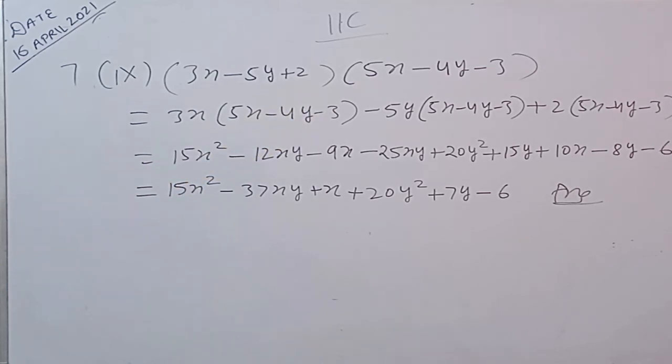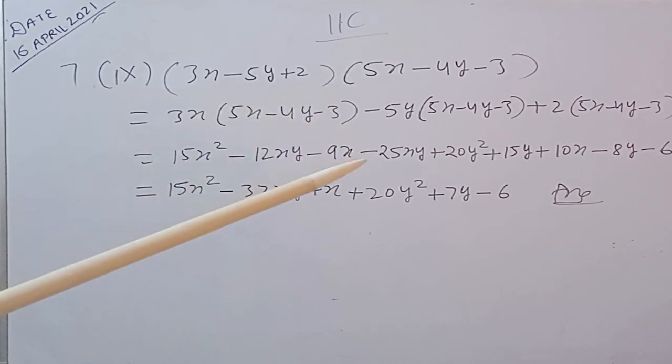Now multiply together, 3x into 5x give 15x², 3x into −4y give −12xy, 3x into −3 give −9x. −5y into 5x give −25xy, −5y multiplied to −4y give plus 20y², −5y multiplied to −3, minus plus is plus 15y. 2 into 5x is 10x, 2 into −4y is −8y, 2 into −3 is −6.